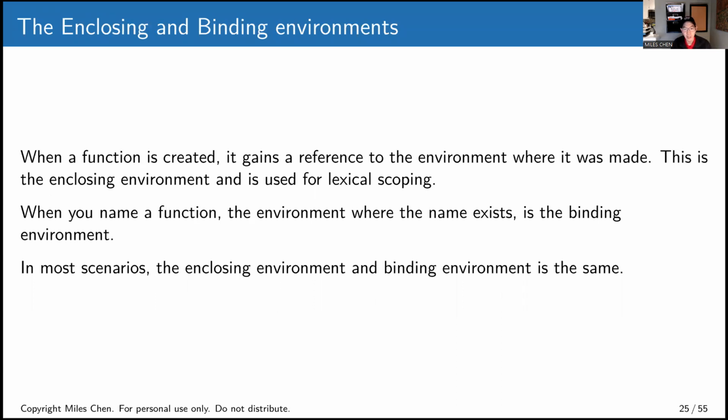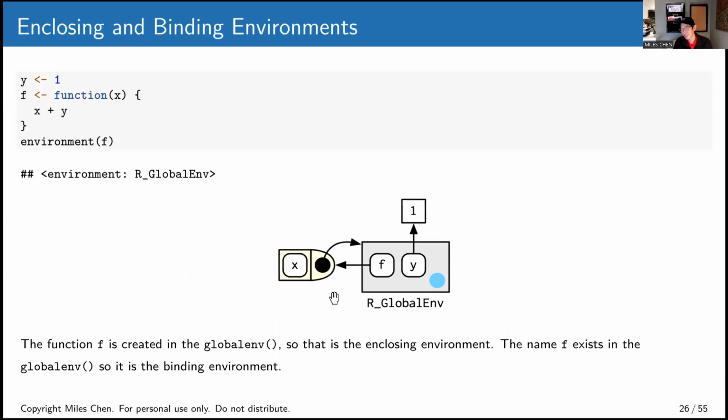This is going to be the case for 90 something percent of your cases. Again, there's a difference when you write a package and the namespace and the enclosing environment differ. We have a question about super assignment inside a function, and don't worry, we'll cover that as the lecture goes on.